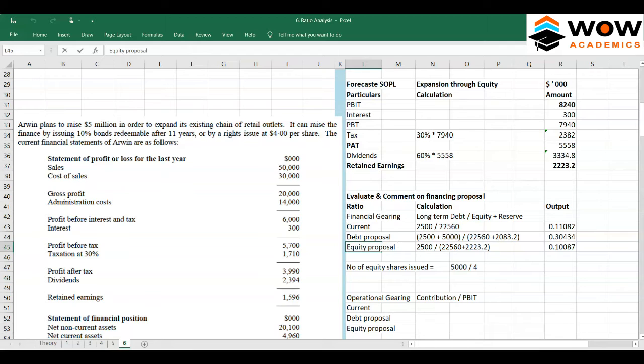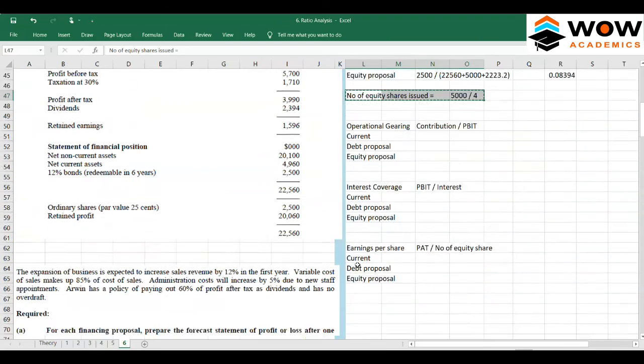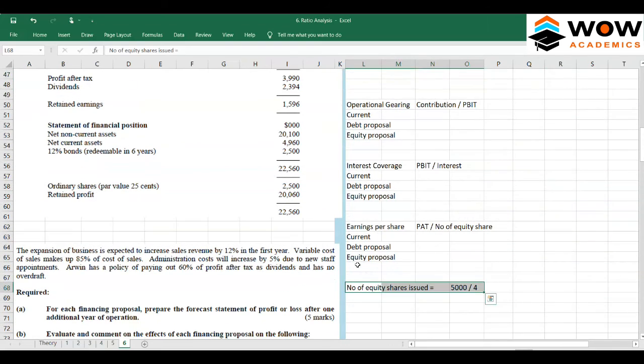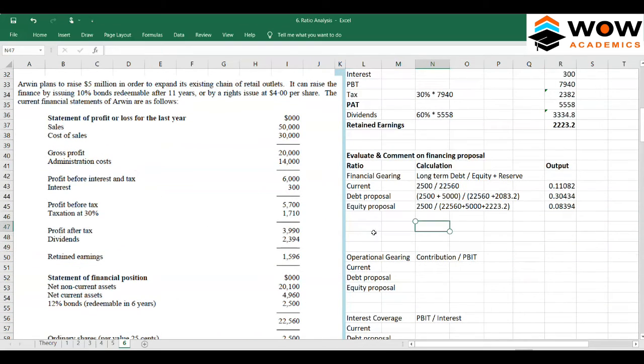Okay, equity proposal: see, the total number of equity shares will rise. So how much will it rise? It will rise by 5,000, the total amount. So now you just have to put it. I think you'll get the answer, right? You got the answer here. So this part you don't need to do here. You can actually do it in the EPS. Okay, so hope you got the idea here.